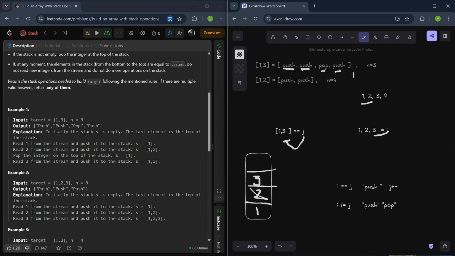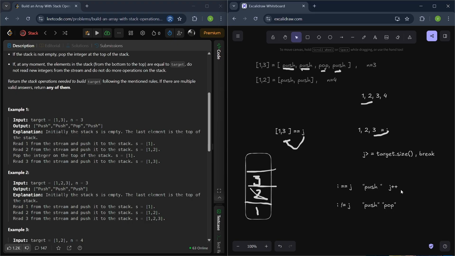So for that, I'm going to write a simple thing: if the j value is greater than or equal to the target size, we are going to break, and we are not going to move forward. j is increasing, right?